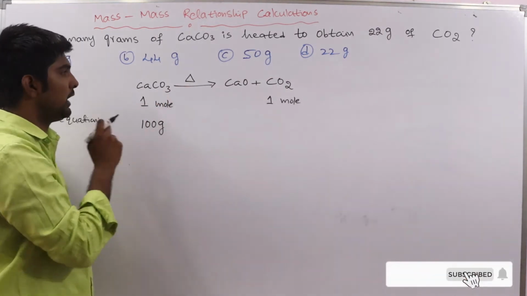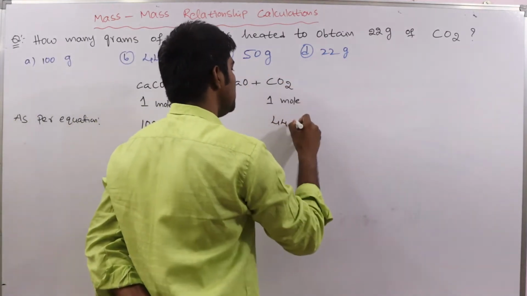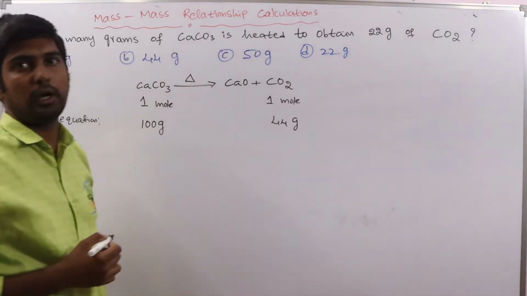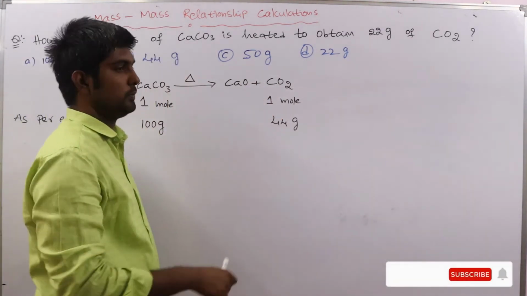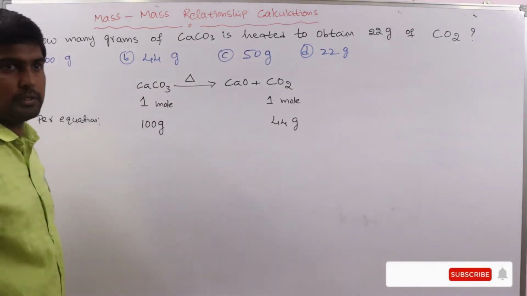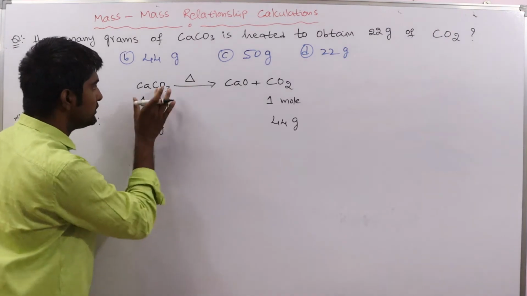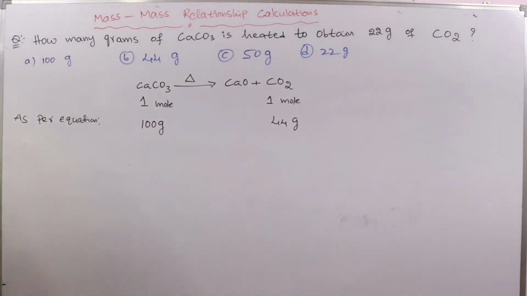Molar mass is 100 gram, giving 44 gram. 1 mole of CO2 is nothing but 44 grams: carbon 12 grams, 2 oxygens 32, so total 44 gram. So as per the given equation, if 100 gram CaCO3 is heated, we are getting 44 gram of CO2.